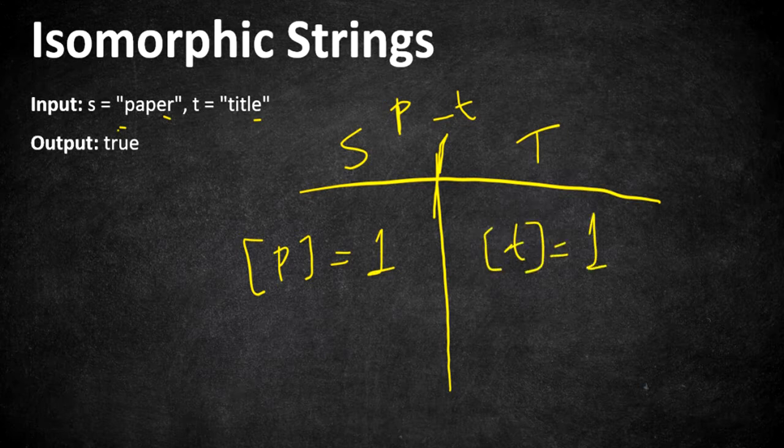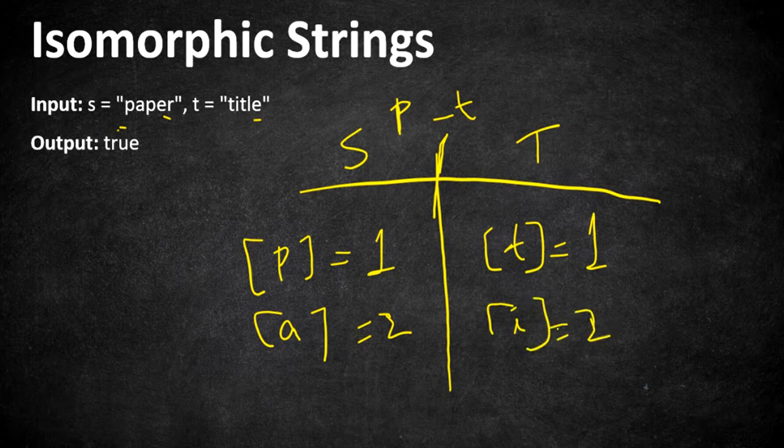Let's move on to the next character, where A's index is 2 and the corresponding character I's index is also 2. Now whenever a character repeats, we are going to check its previous index. Next comes our character P in paper and T in title.